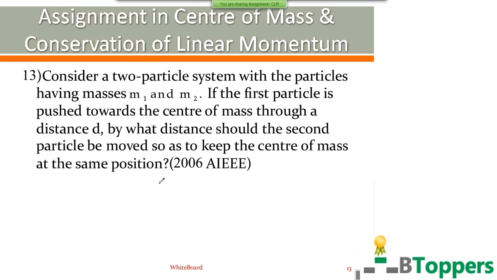Here the center of mass of the system of the two particles is at the same position in both the cases. Therefore the distance of the center of mass from a fixed point remains the same in both the cases. Let O be the origin of the coordinate system, which we choose at some fixed point.